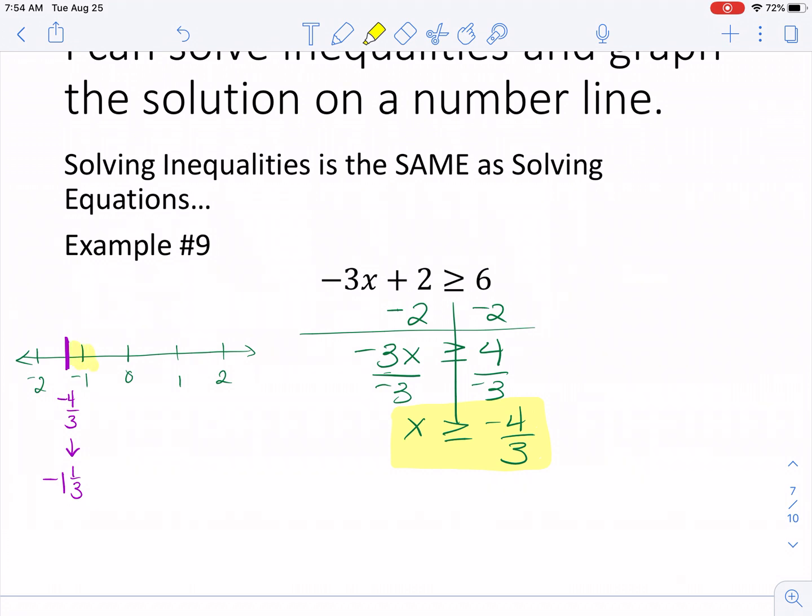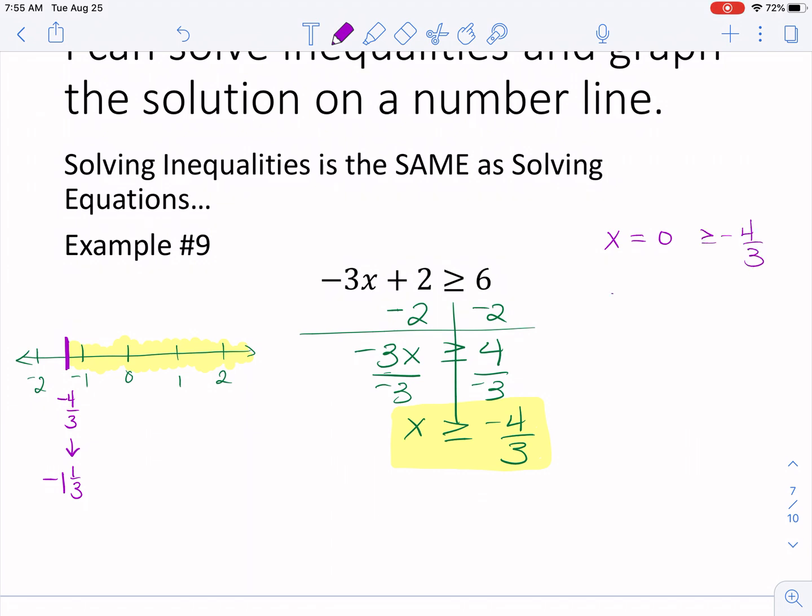If you said anything on this side, you would be correct. And it continues. So pick a number that's bigger than negative 4/3. I'm going to try x is equal to 0. Are you okay with that? Is x equals 0 bigger than negative 4/3? Yes, this is greater than or equal to negative 4/3.